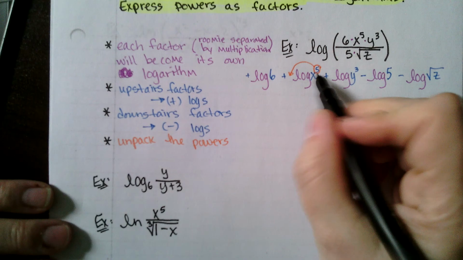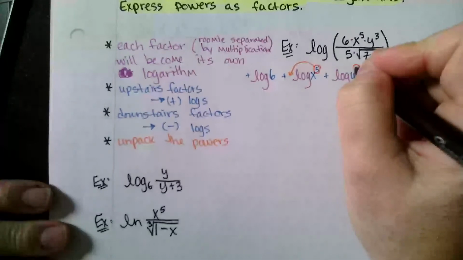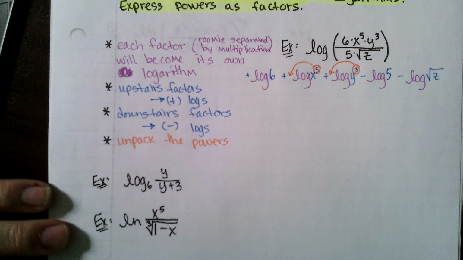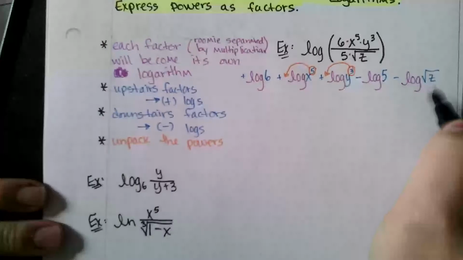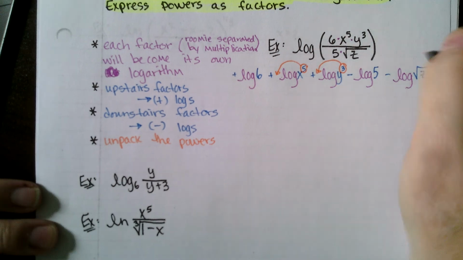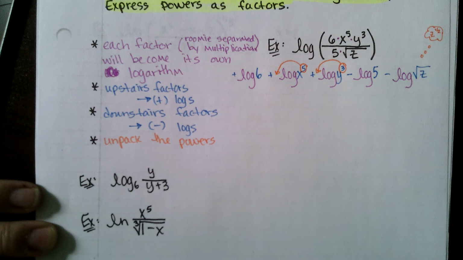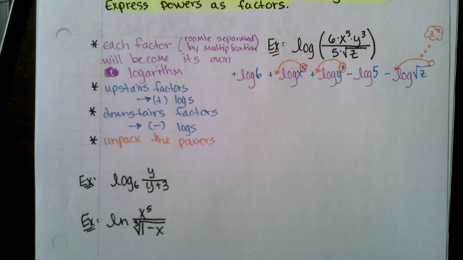So we will unpack this 5 that's on the x. We will unpack the 3 that is on the y. And there's one power that's kind of disguised right now. Remember those radicals? Those radicals were a power of 1/2. So we're going to unpack that power as well.